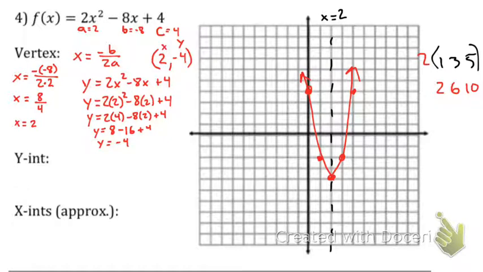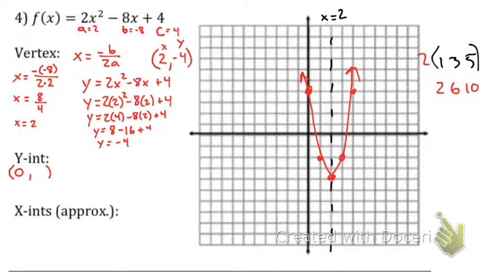Okay, so now let's find the y-intercept. If you recall, when you have the y-intercept, your x will be 0. So my x value is 0, which means I'm simply going to plug in 0 for x.